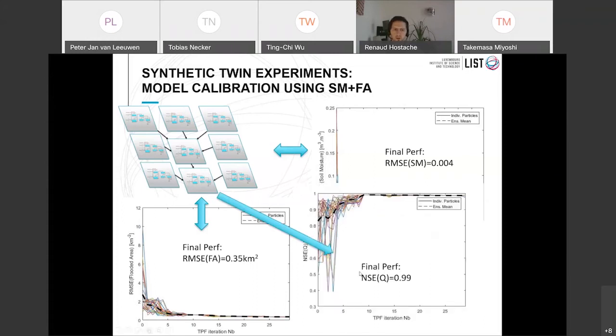And for the further control, based on the Nash-Sutcliffe efficiency of the discharge, so the surface runoff within the river, we see also that we reach high performance. The Nash-Sutcliffe efficiency is a goodness-of-fit measure, so the closer to 1 it is, the better the fit between the observation and the model results. So this holds promise for the calibration of such a model using Earth observation derived data.